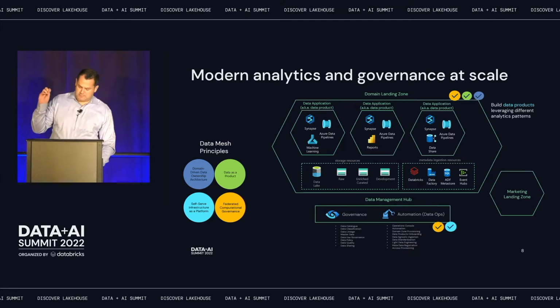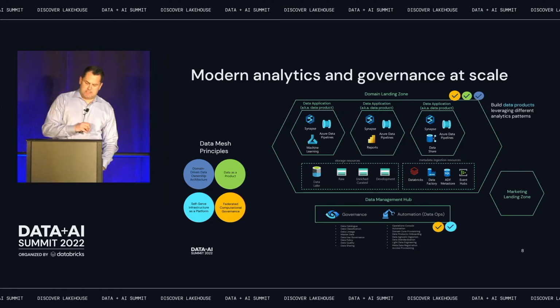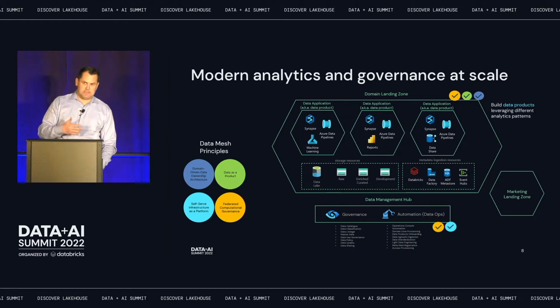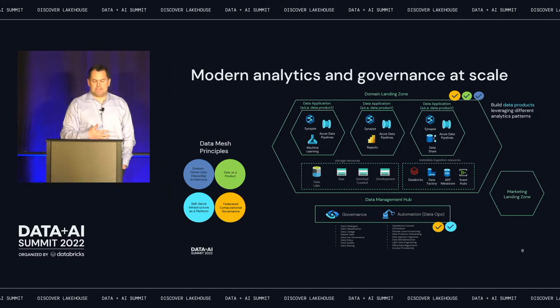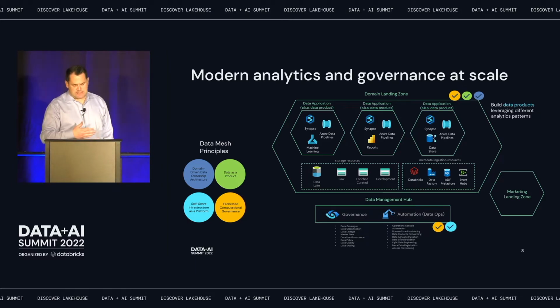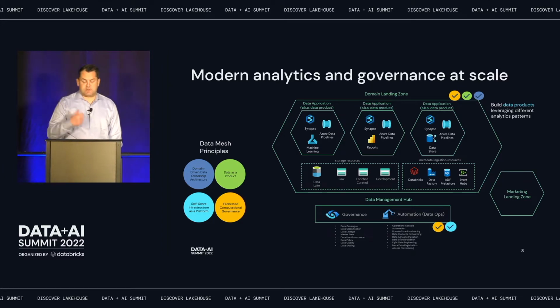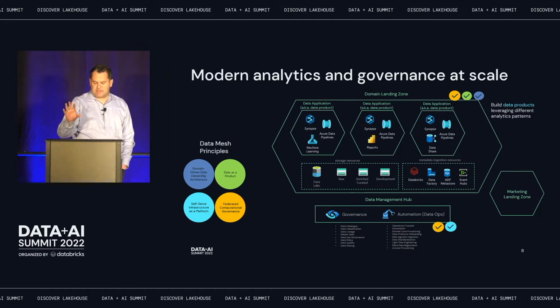In terms of the data management hub, federated computational governance sets the rules of how we are going to work as a team, and the set of services that we're going to use organizationally, so that the data products we're building within domains can talk to each other. That is part of this function. Self-service infrastructure as a platform is also enabled from a data management hub standpoint.